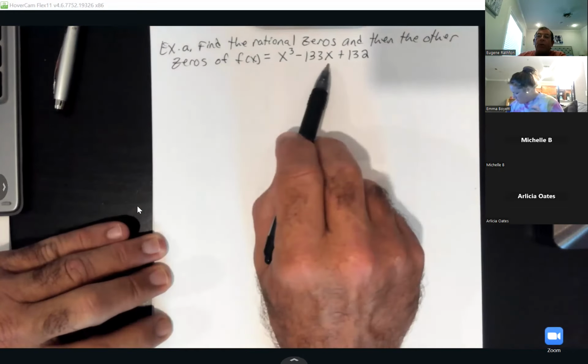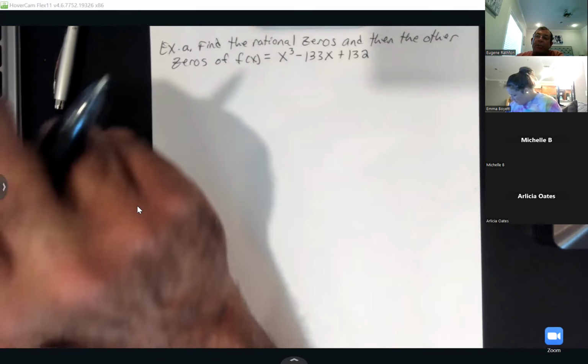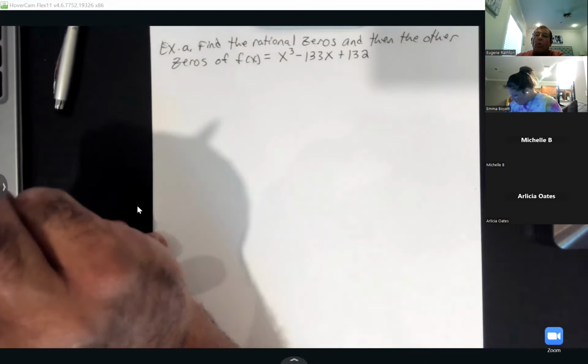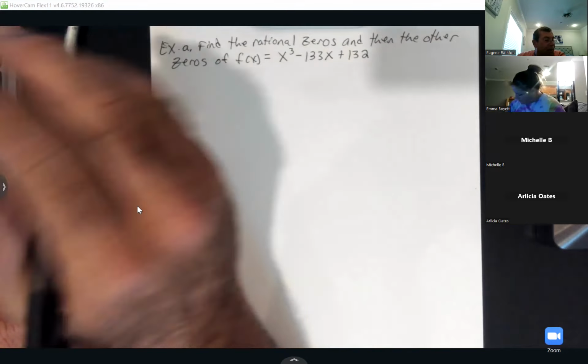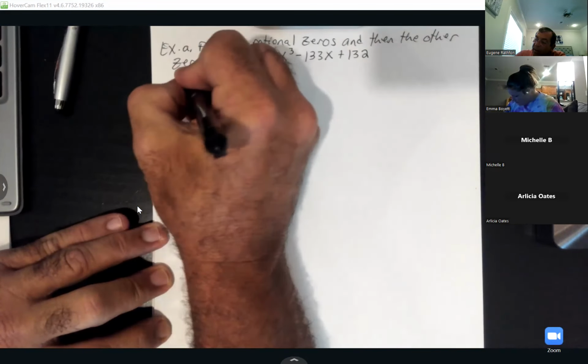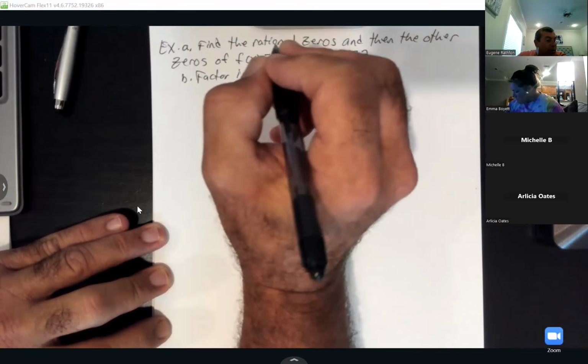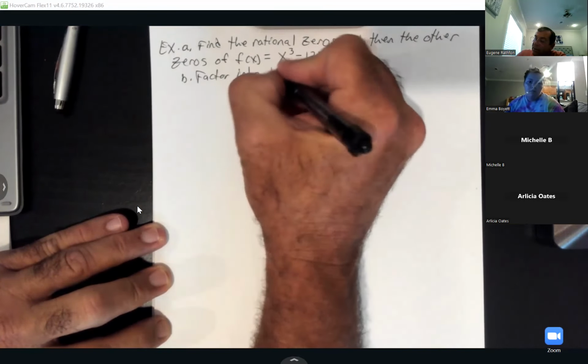So the rational zeros are the ones that are like numbers and fractions. The other zeros will be the radicals or the imaginary, okay? Now, part B, they want us to factor into linear factors.